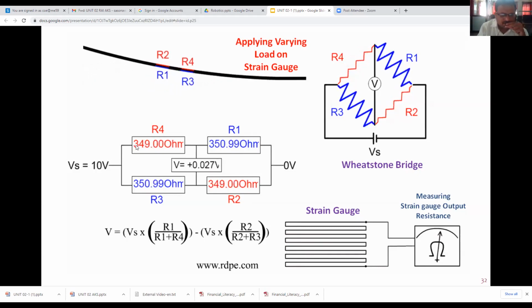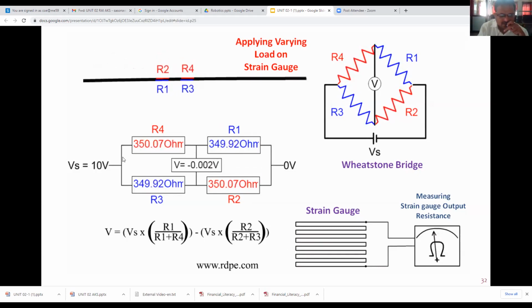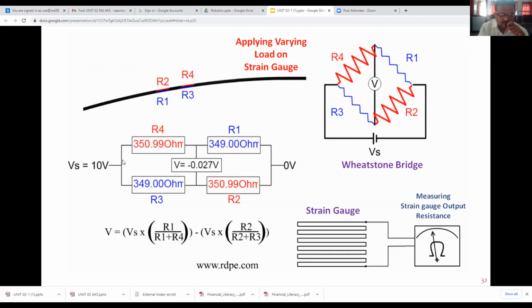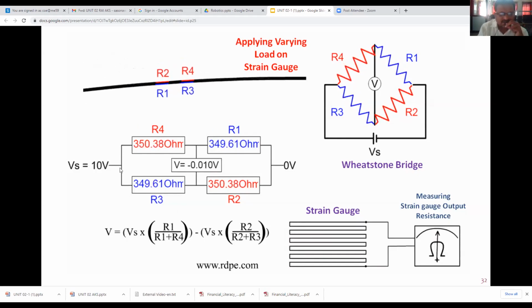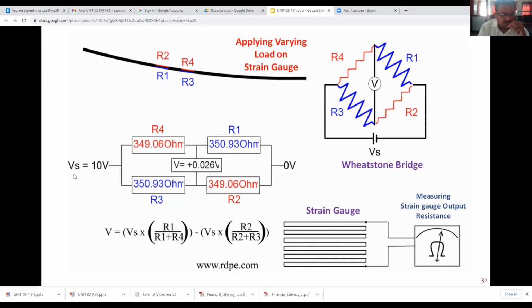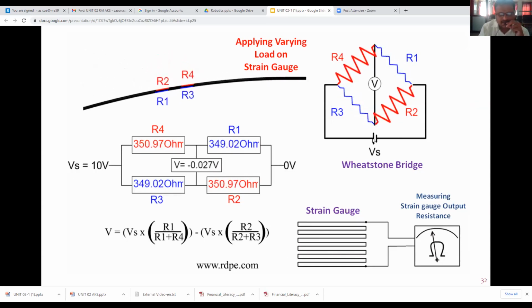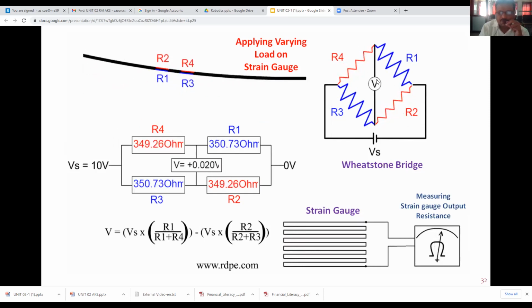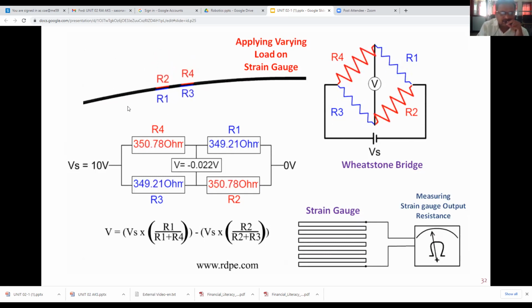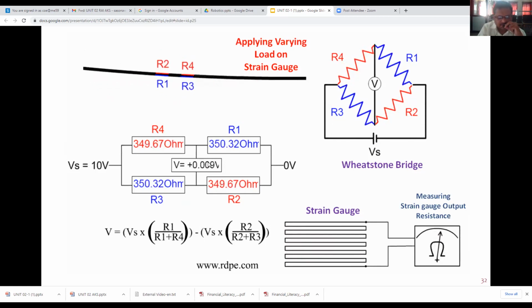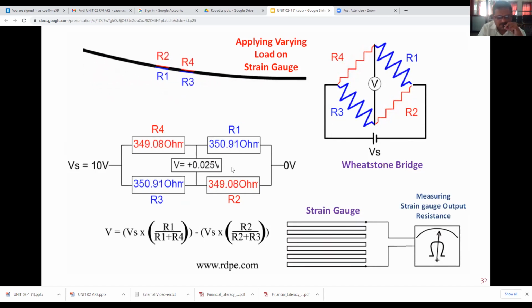Therefore you are observing here that the values of the resistances are changing, and we have used a supply voltage of 10 volt. Here a battery is there, it is supplying a voltage of 10 volt, and here a galvanometer or voltmeter is there, it will indicate this voltage. See that whenever it is getting deflected, all four values R1, R2, R3, R4 as well as the final voltage value are changing.